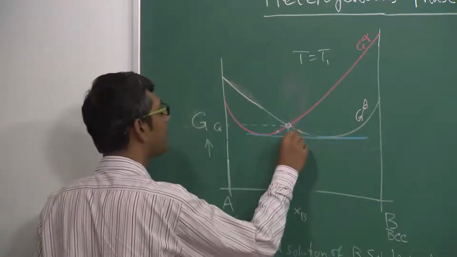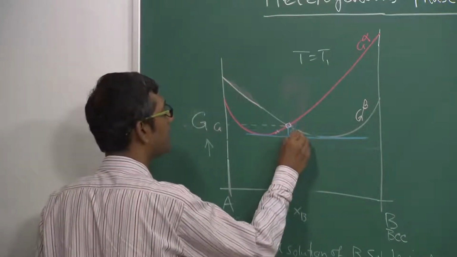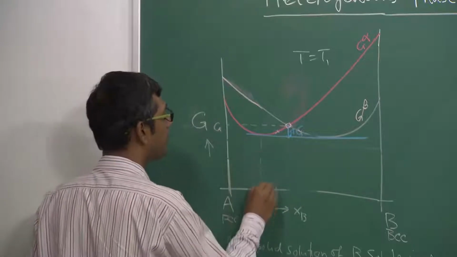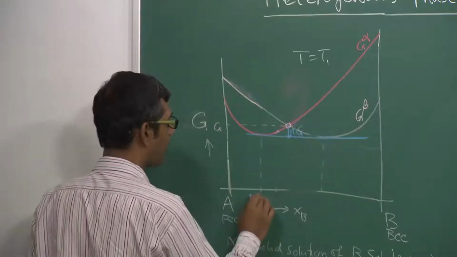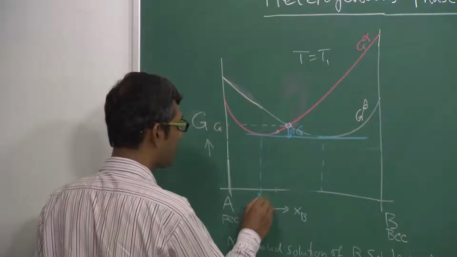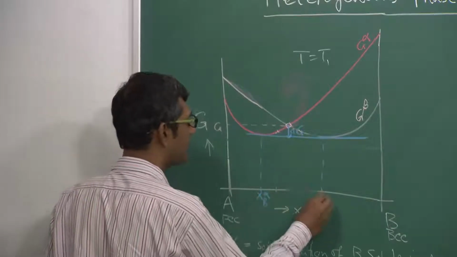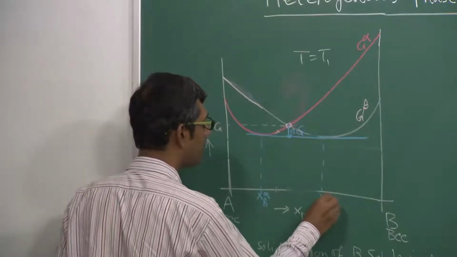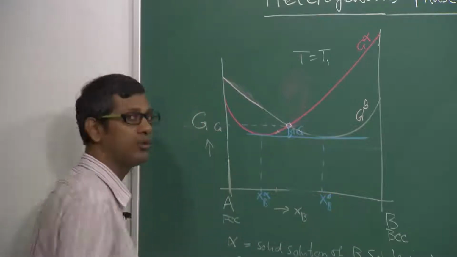So it can reduce free energy by this much, delta G, by actually forming solutions of alpha having this much composition x B alpha and this much composition of beta, correct? It can do that.